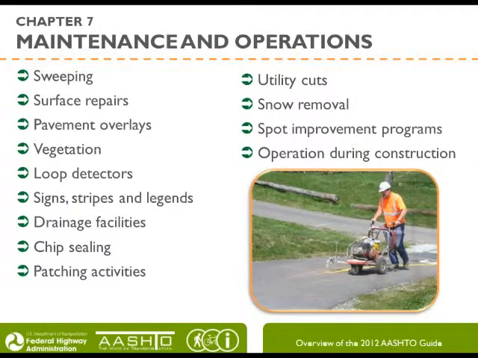And then finally, last but not at all least, there's additional guidance on maintenance and operations. I'm not going to read this list to you, but you can see some of the topics that are covered. The main message here is how to institutionalize maintenance into annual programs and operations.